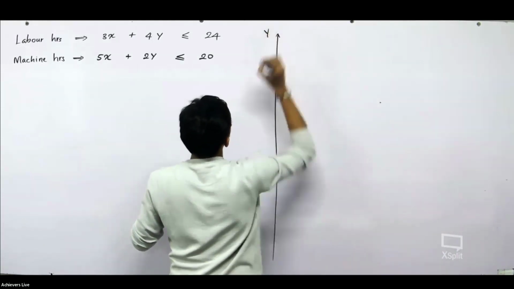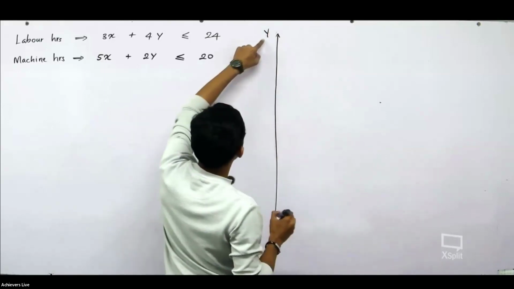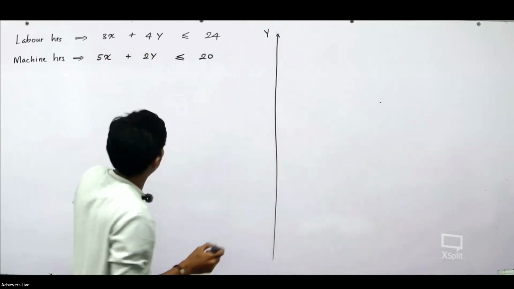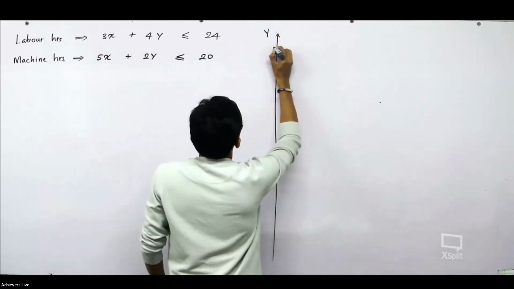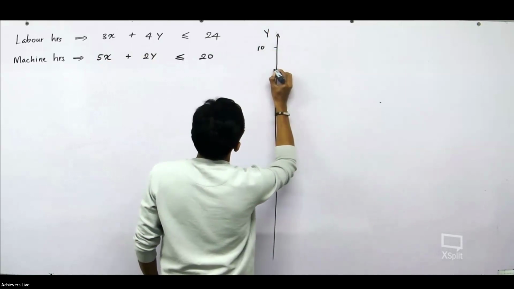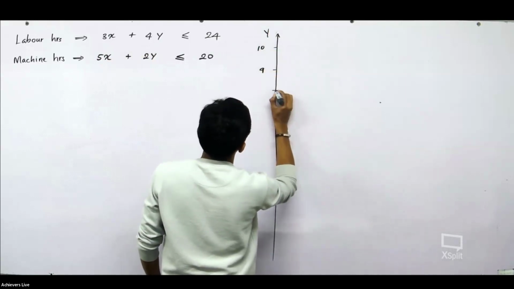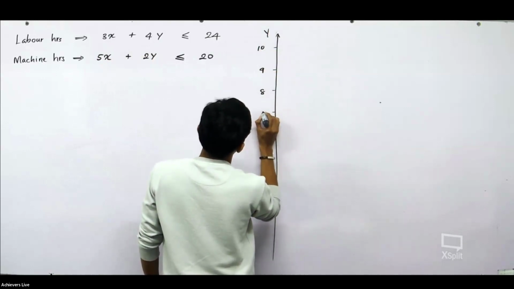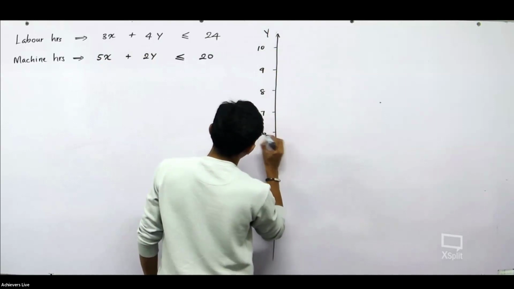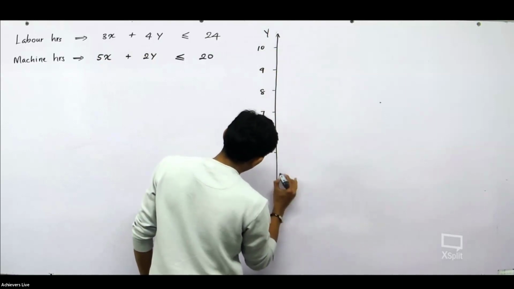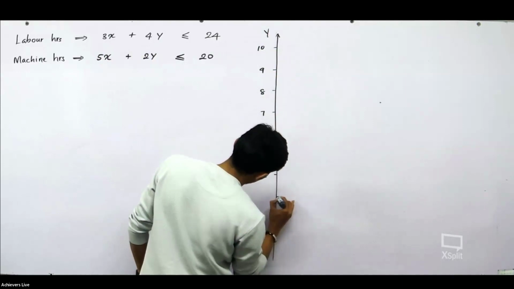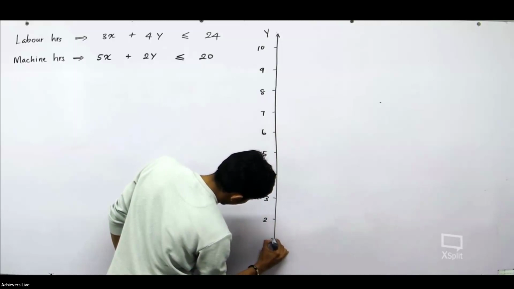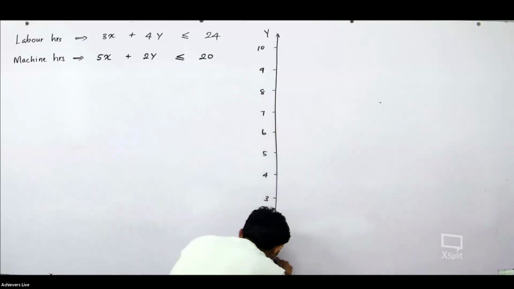This is your y-axis, where I am using product Y. The x-axis I am using for product X. On the y-axis: 10, 9, 8, 7, 6, 5, 4, 3, 2, 1, 0.